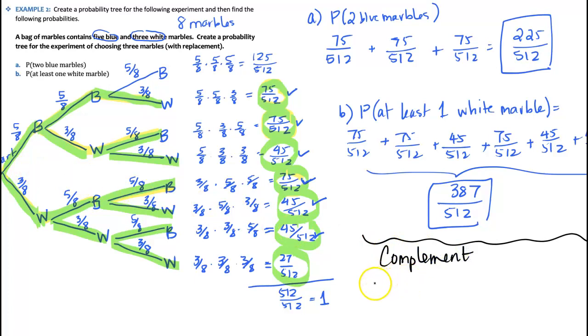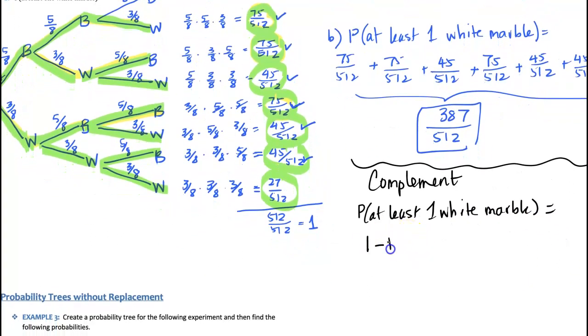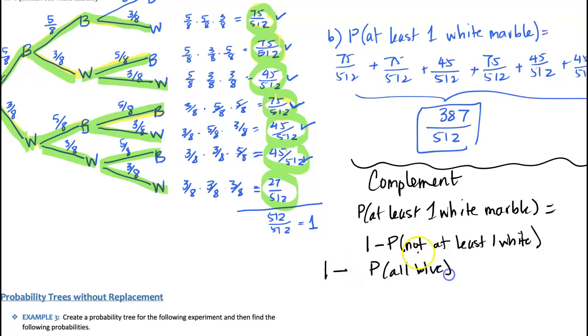And the complement would be probability of at least one white marble is the same as 1 minus the probability of not at least one white marble, which is 1 minus the probability that they're all blue. Because if you don't have at least one white, then they were all blue.